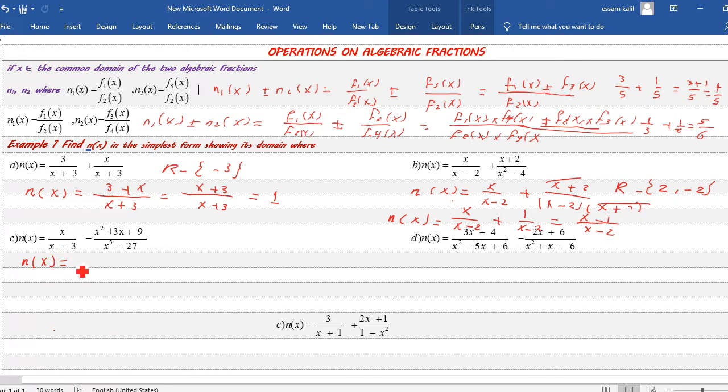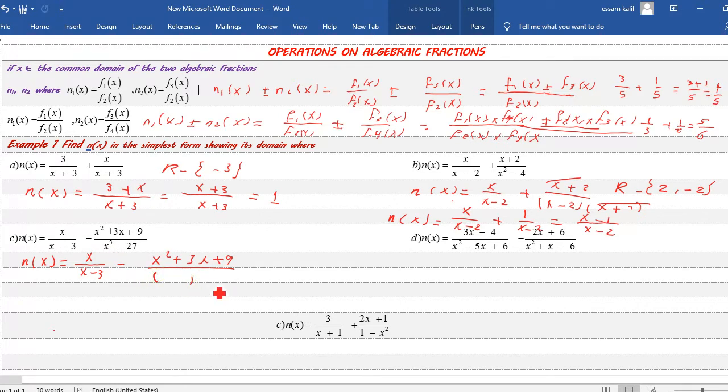Then n of x equal x over x minus 3 minus x power 2 plus 3x plus 9 over, this is the difference between two cubes.